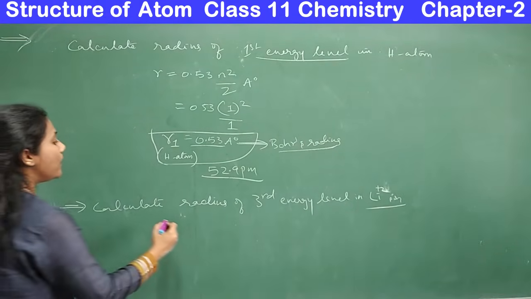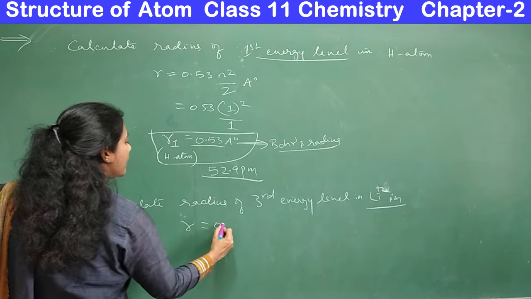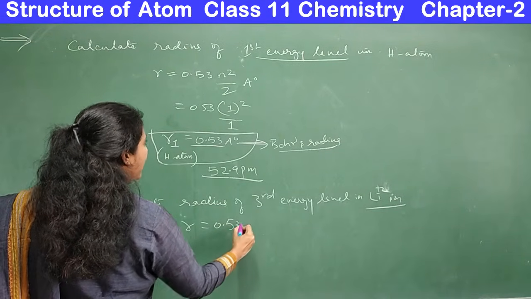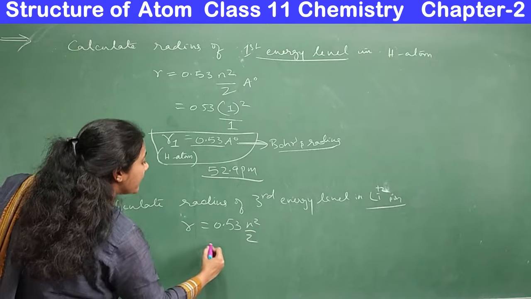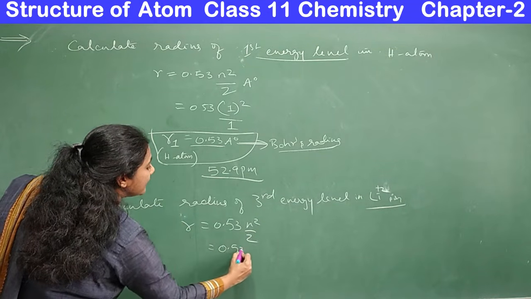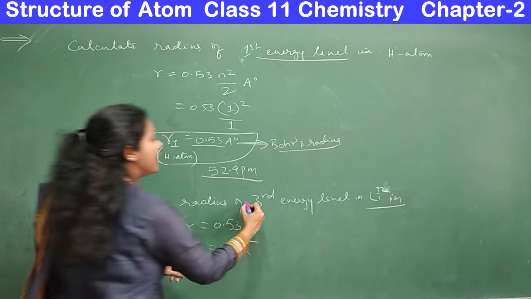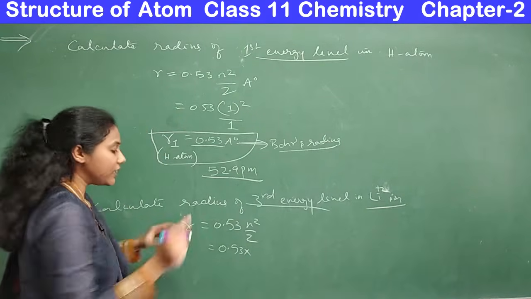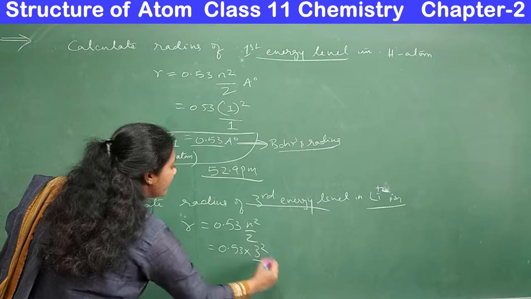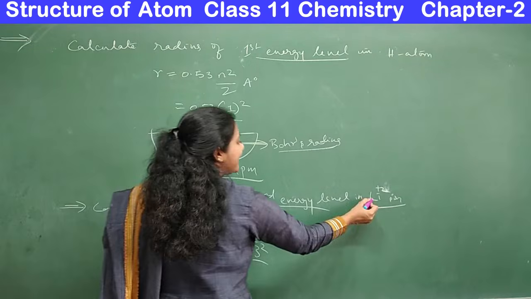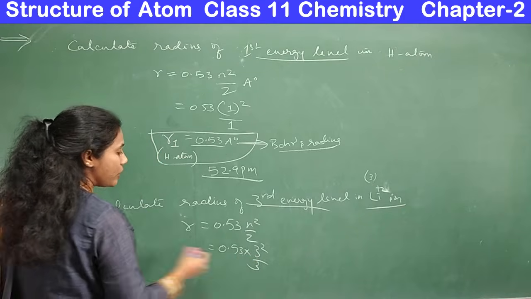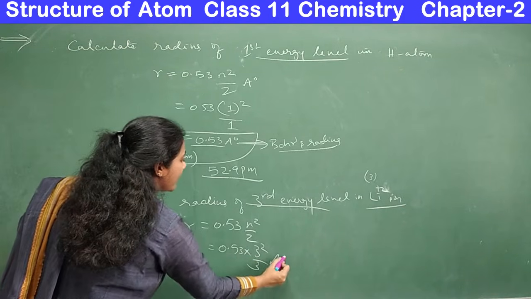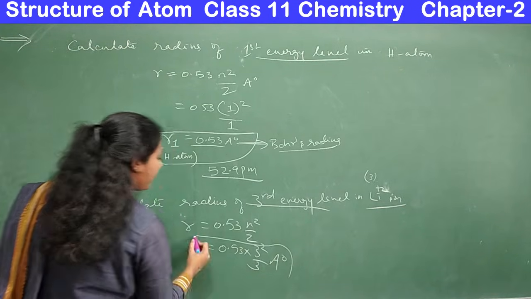Then also the same formula you can use, that is R is equal to 0.53 n square by Z only, right? So 0.53 into the third energy level, that is n is equal to 3, so 3 square, divided by the Z value for lithium. Lithium's atomic number is 3, right? So 3. This is how you need to calculate. You get the answer in angstrom, right?